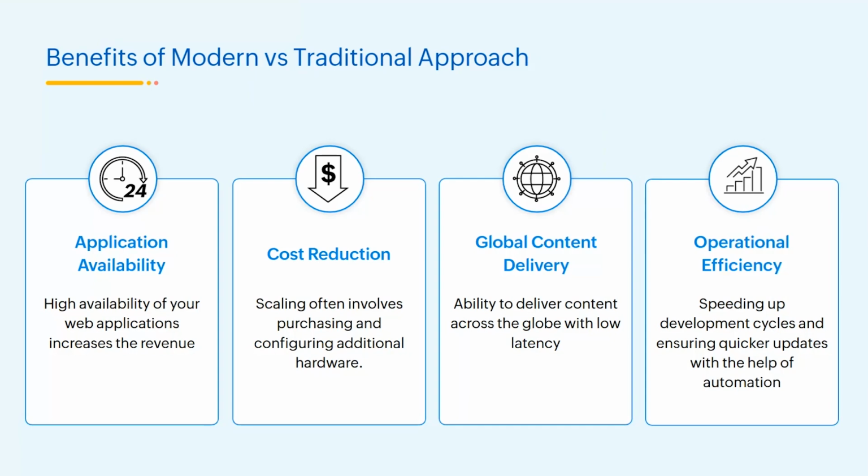The last is the operational efficiency. So, managing and maintaining the traditional applications will involve manual processes for their deployment, scaling, and maintenance, with limited flexibility and agility in responding to the changing business requirements as well.